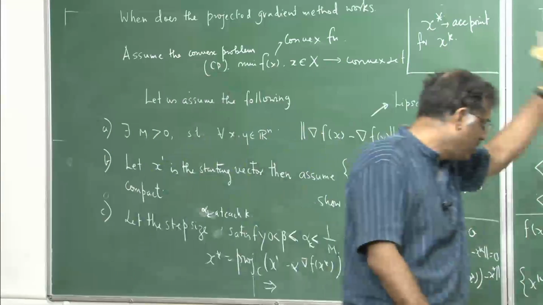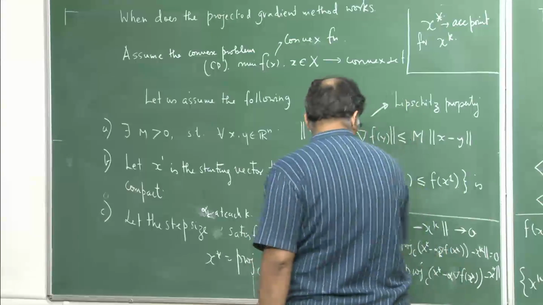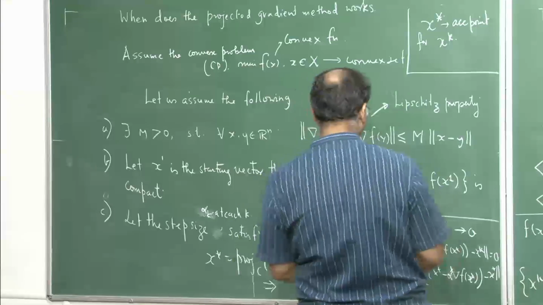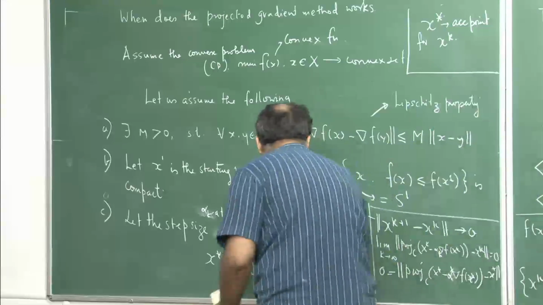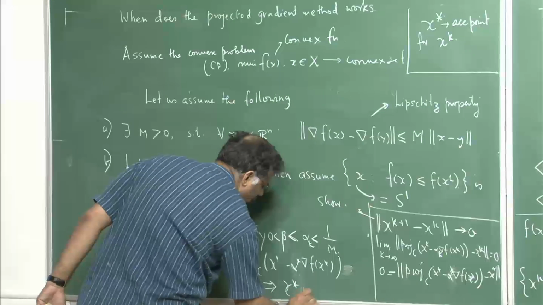Then you can run down this argument. You can have an alpha k here, and that alpha k will converge to some alpha star lying between beta and 1 by m, and then you will again have the same thing here with the alpha star, and that will again tell you that x star is a solution of CP.